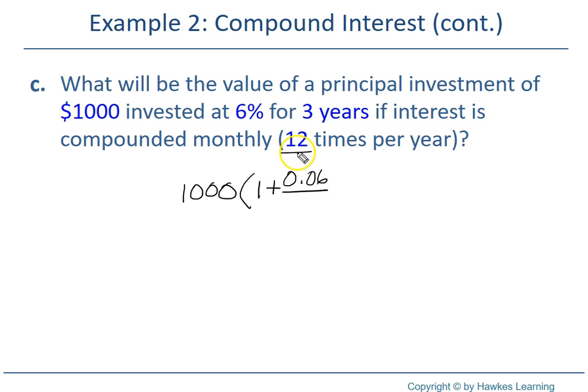Now our compounding period is 12. Parentheses, but here, note, you have to go 12 times the 3 years, which will be 36. So you're going to do this division, add 1 to it, get a value, caret 36, and then times 1,000.